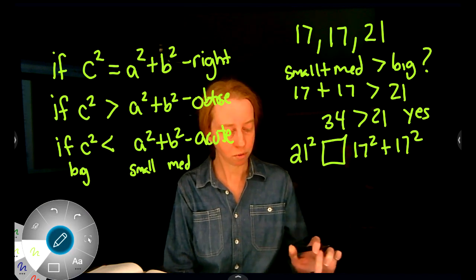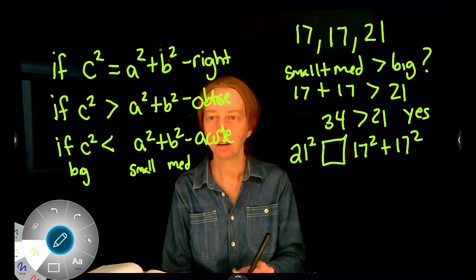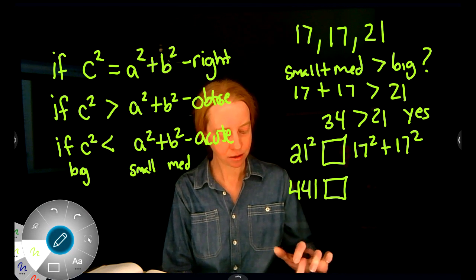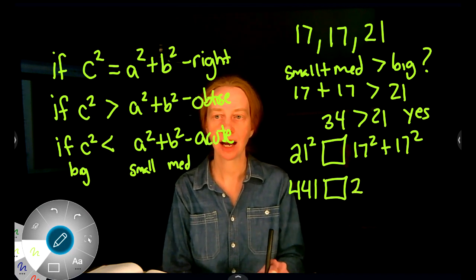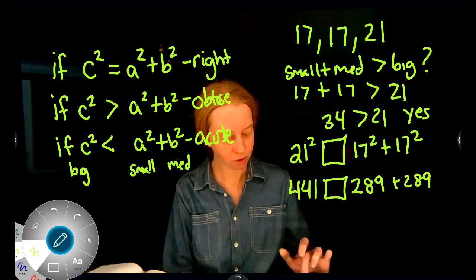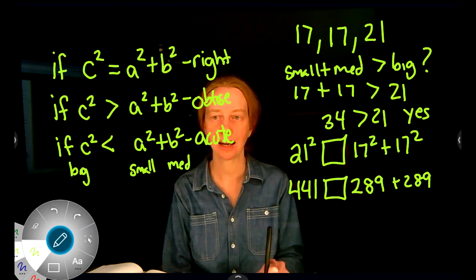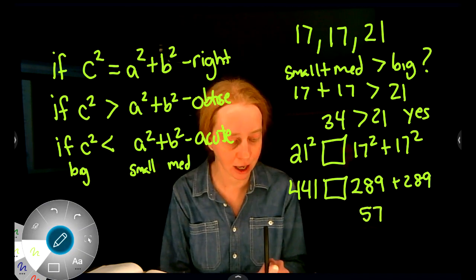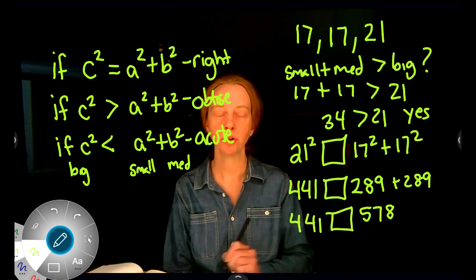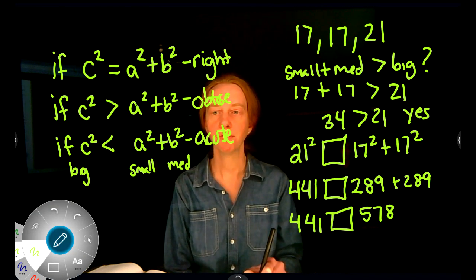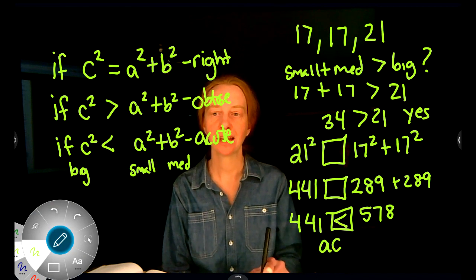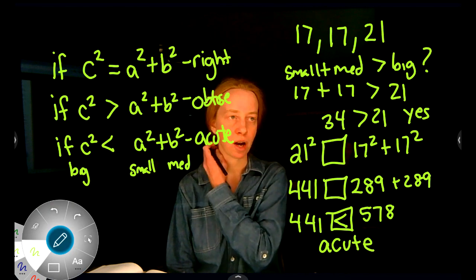I don't know 21 squared off the top of my head today. 441. 17 squared is 289, plus 289 is 578. So what symbol do we put here? 441 is less than 578. So that means that this would form an acute triangle.